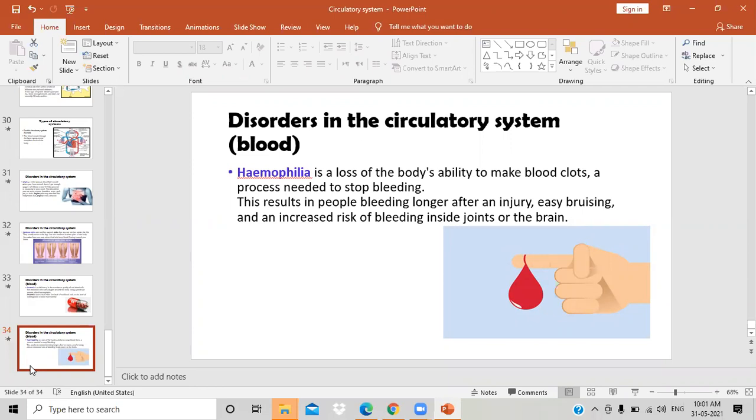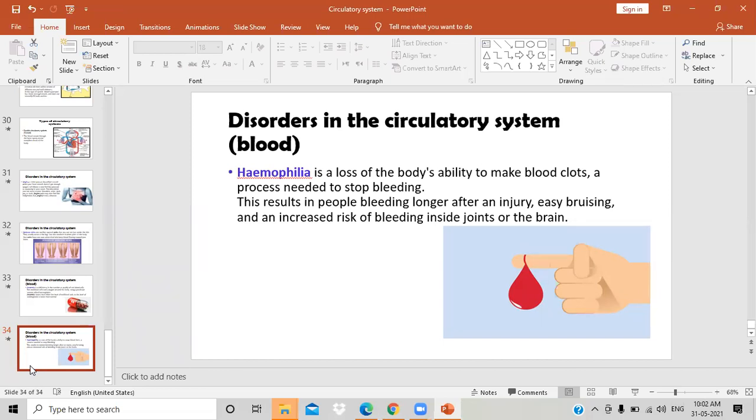Their body simply cannot make blood clots due to the very decreased number of platelets. They don't have enough platelets to close or clot the injury, and this is why they keep bleeding. The problem is that if it's a small injury, like a cut or something, it's fine. We will just keep pressing on it until it stops bleeding.